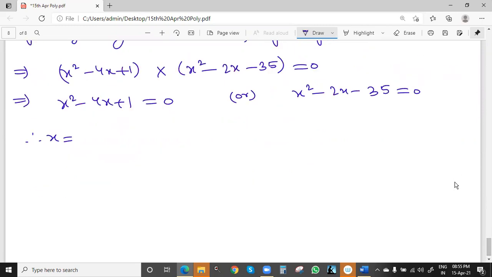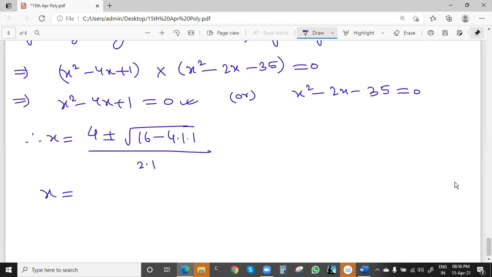These values we already know from the previous case, because this was obtained from the zeros value only. Or we can use the quadratic formula also. x equals minus b plus minus root of b square, that is 16 minus 4ac, by 2a. 4 into a is 1, into c is 1, by 2 into 1.